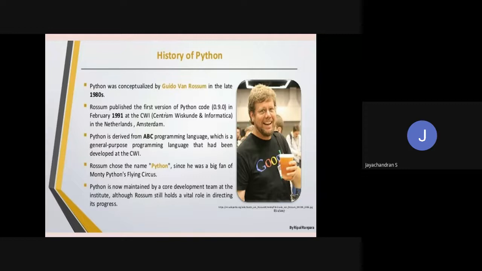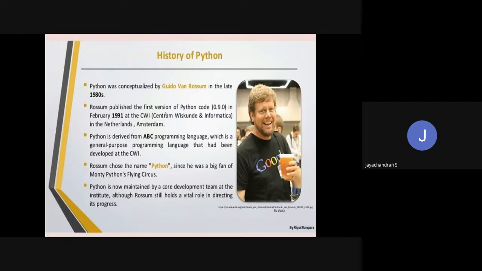First, the history of Python. Python was conceptualized by Guido van Rossum in the late 1980s. He published the first version of the Python code in February 1991 in Amsterdam, Netherlands. Python is derived from the ABC programming language, one of the oldest languages, a general purpose programming language that had been developed at CWI. Why did the author Rossum choose the name Python?